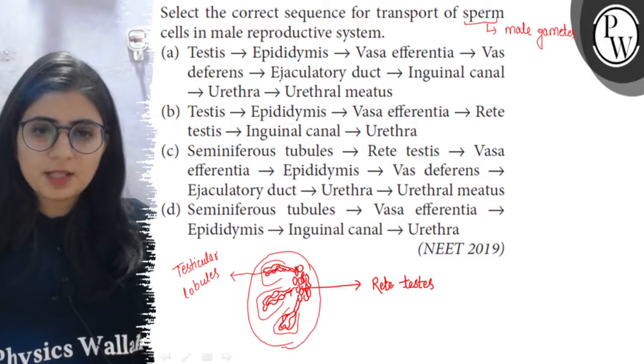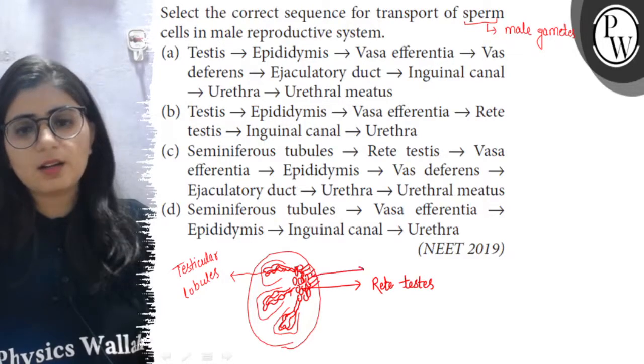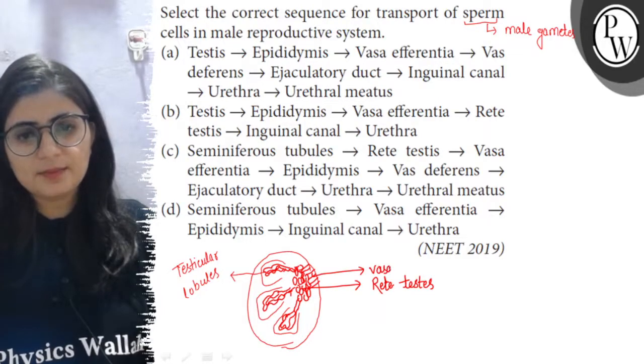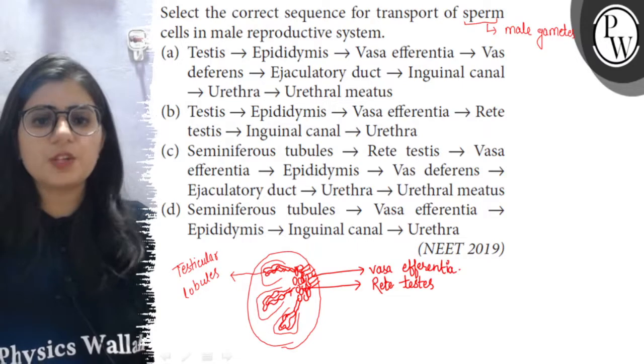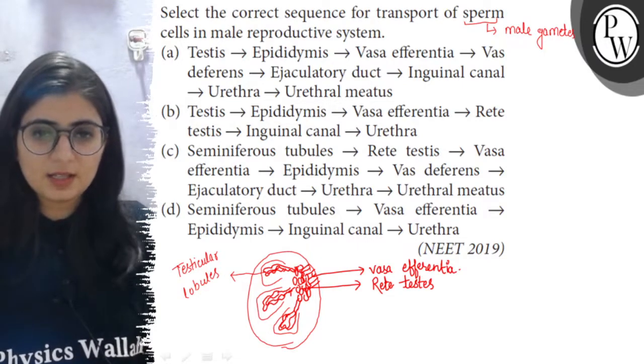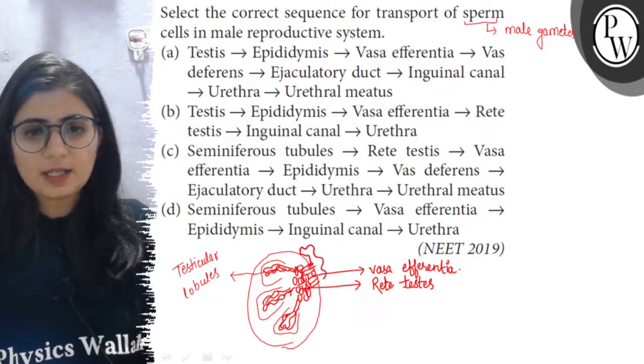Now from the Rete testis there arise some small ducts or tubes. These small tubes are called Vasa efferentia. Singular is vas efferens. These are small ciliated tubes which carry the sperm outside the testis, and these tubes open into a highly coiled tube.